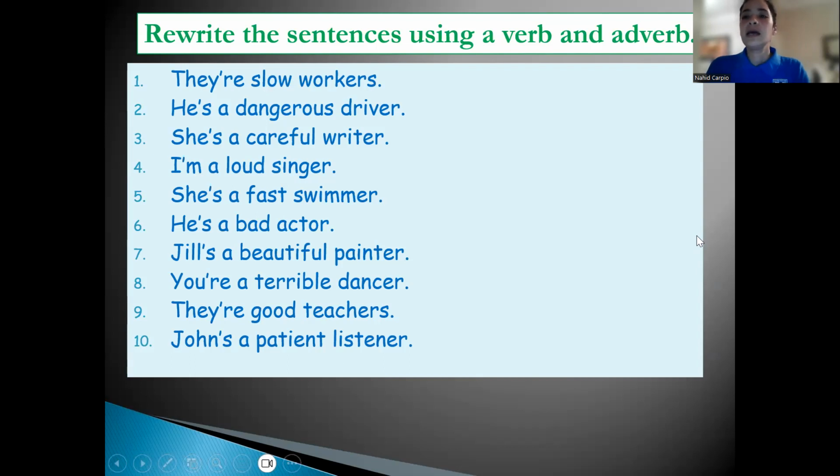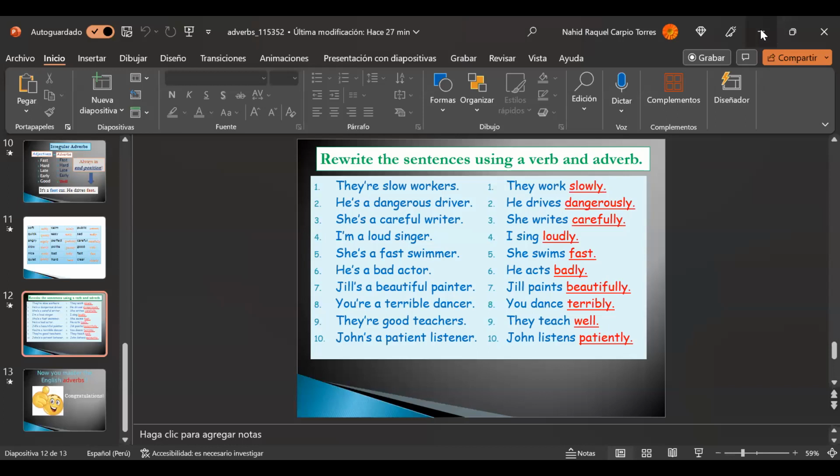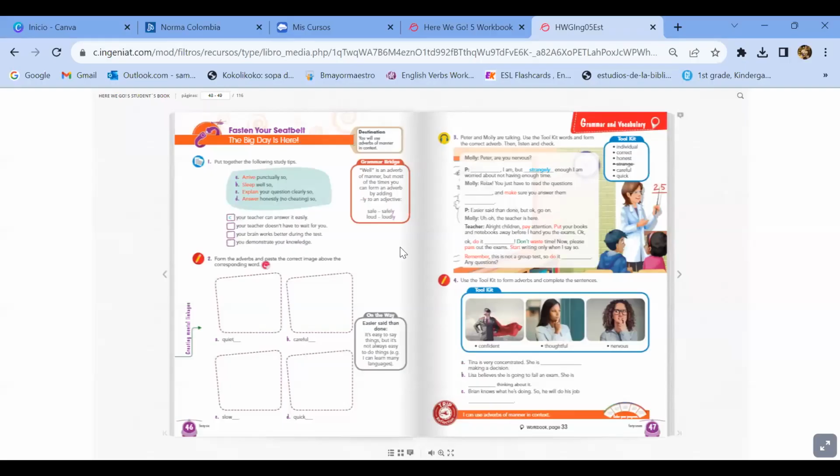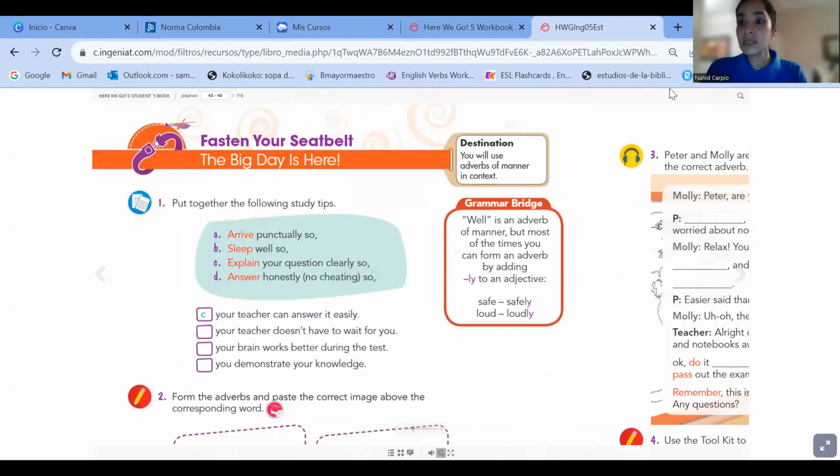Okay, class. Well, what are we going to do in this moment? We are going to go to your student book, on page number 45, 46, and 47, okay? 46 and 47.